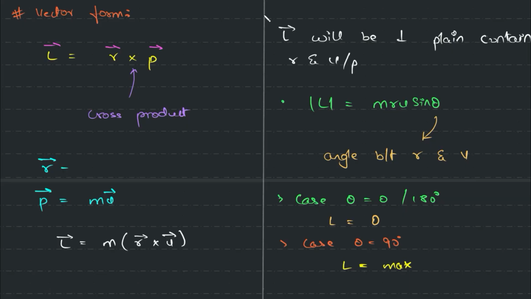Okay, so let me do that for you guys. Say you have your X, Y, and Z. Your position vector, your R is over here. And you have your momentum in this direction.